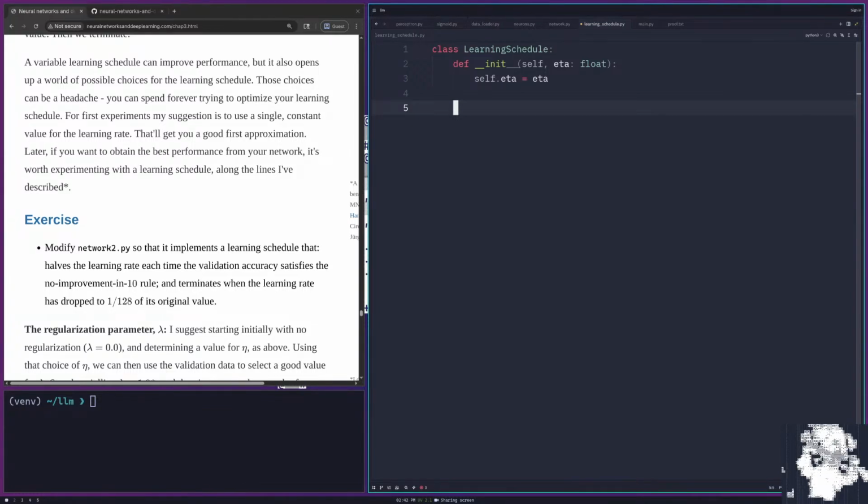It's going to have a few methods. So one method for when it's time to decrease. This is so weird to try to write like this. One method's for when it's time to stop.